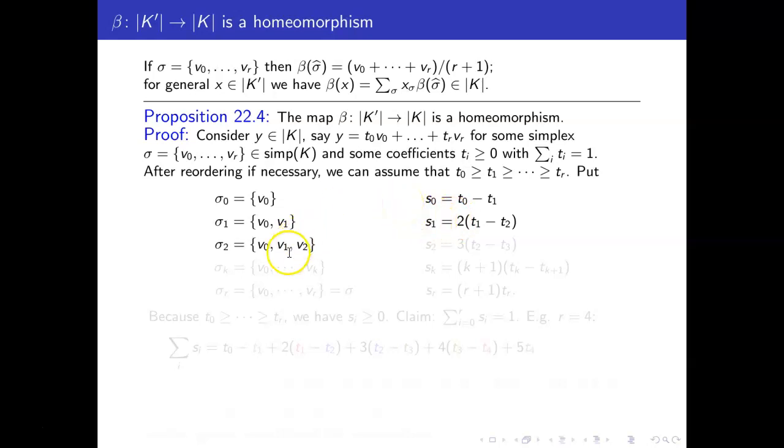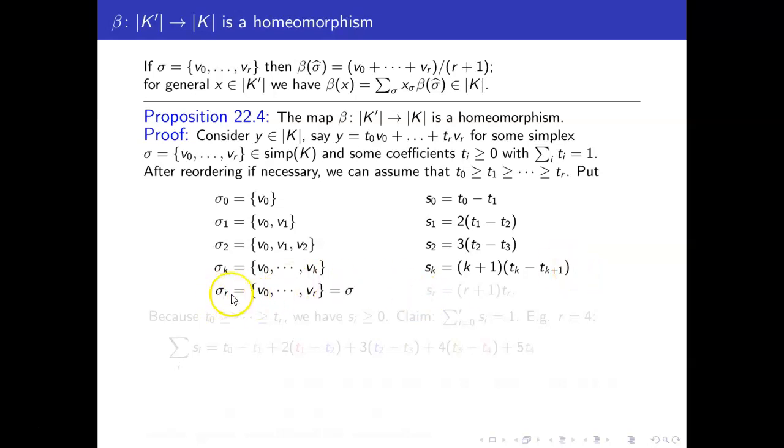Then sigma 2 is v0, v1, v2, and s2 is 3 times t2 minus t3. In general, sigma k consists of the first vertices v0 up to vk, and sk is k plus 1 times the difference, tk minus tk plus 1. And we do this all the way up to case k equals R.